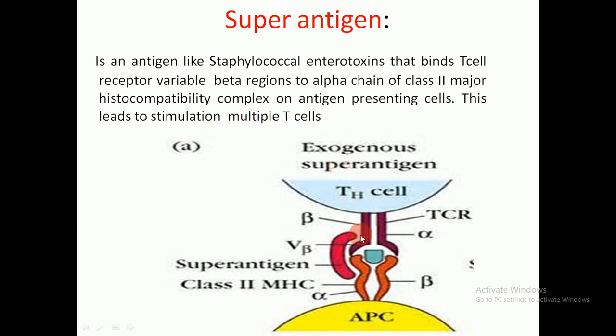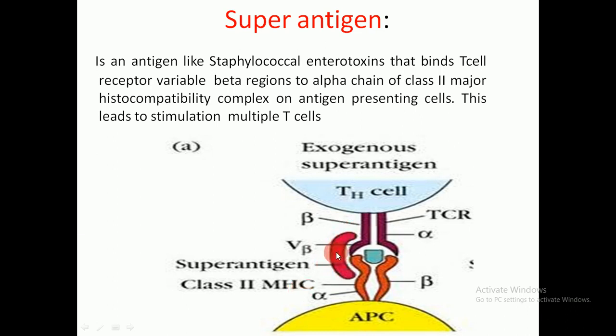The normal antigen sits in the space between the T cell receptor and the major histocompatibility complex class 2. The superantigen binds from the outside, to the variable region of the beta chain of the T cell receptor and the alpha chain of the class 2 MHC complex.